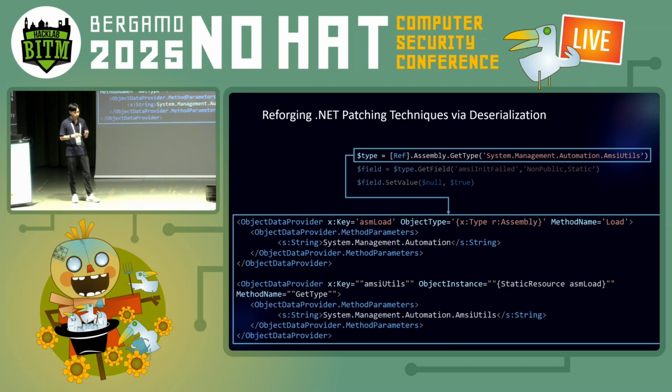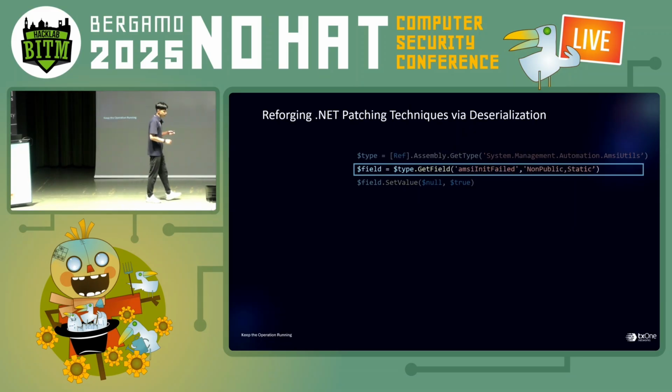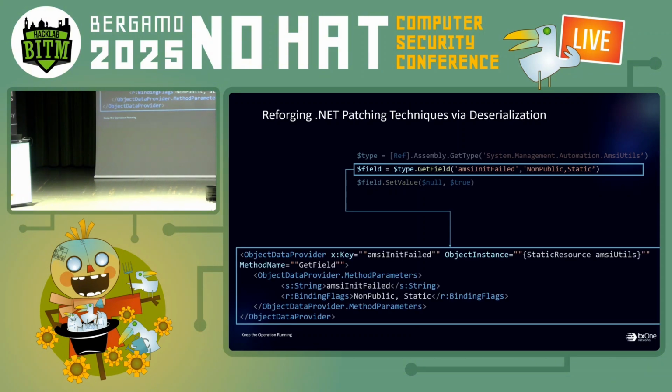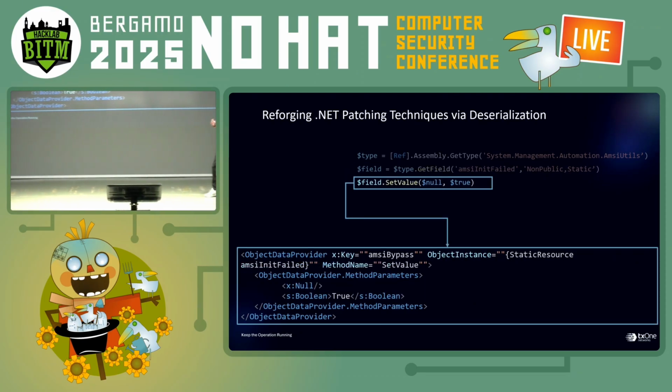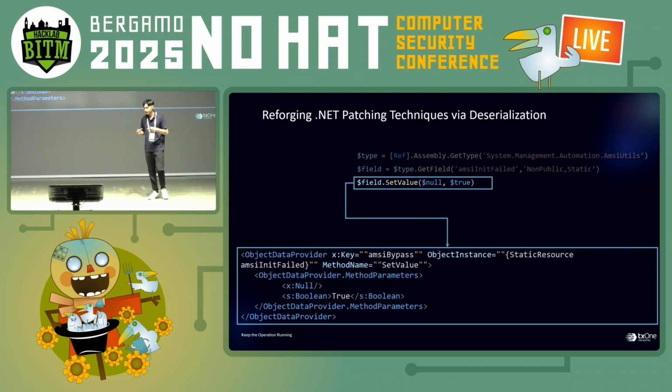Then we can call GetType to retrieve AmsiUtils. After we get the utility, we can call GetField to get the amsiInitFailed field using the ObjectDataProvider. After that, we have the AMSI init field, and then we can call SetValue to directly change it.